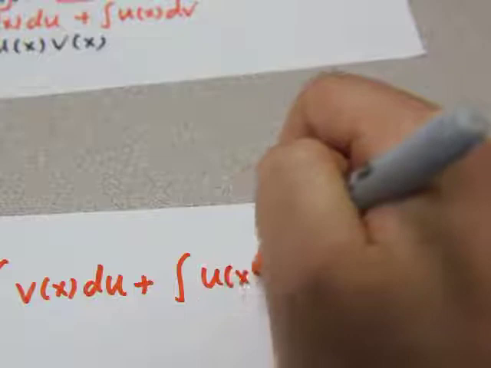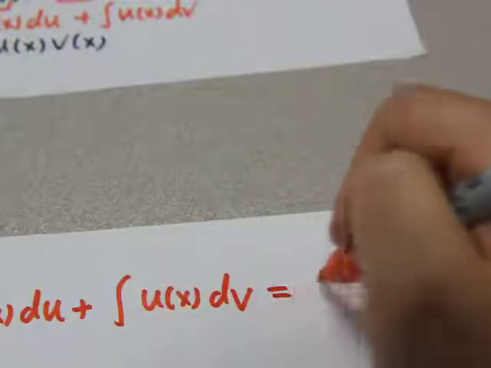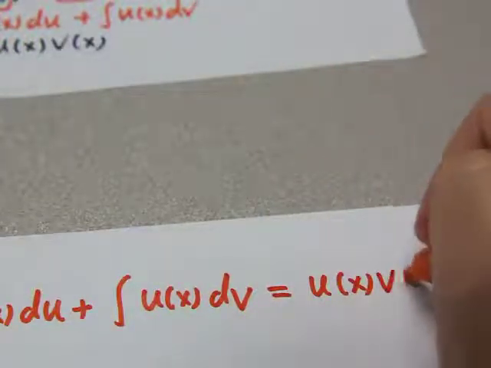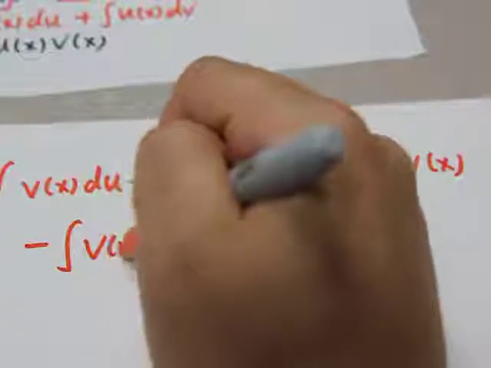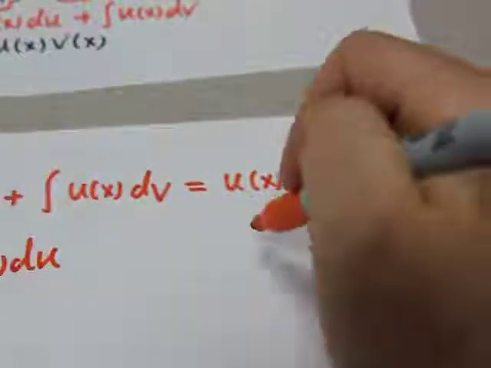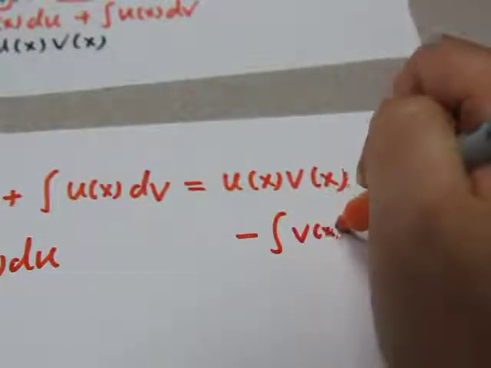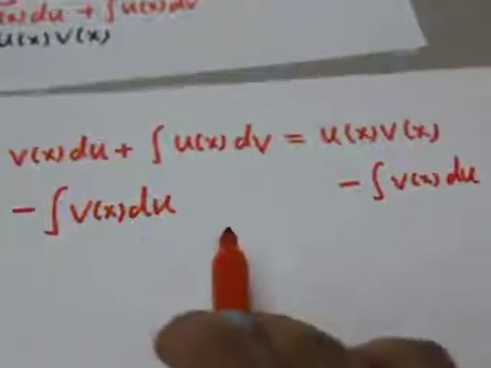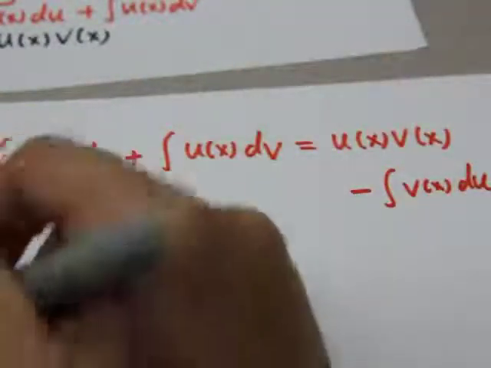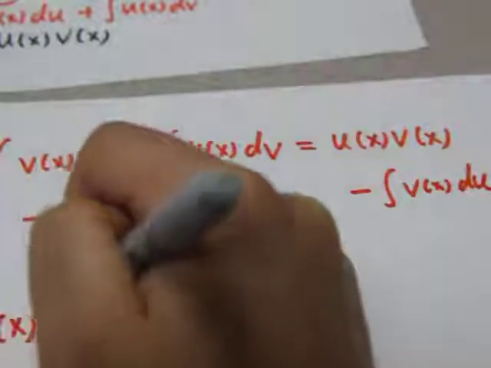Therefore, if we subtract the integral of v(x) du from both sides, we can have this formula.